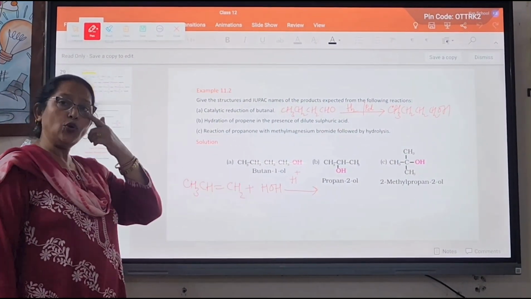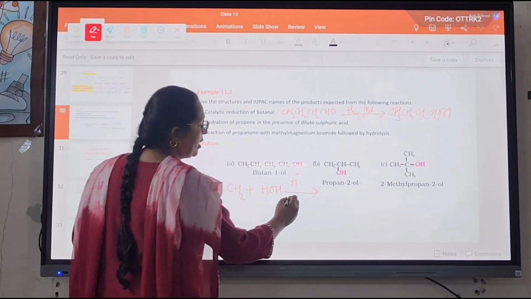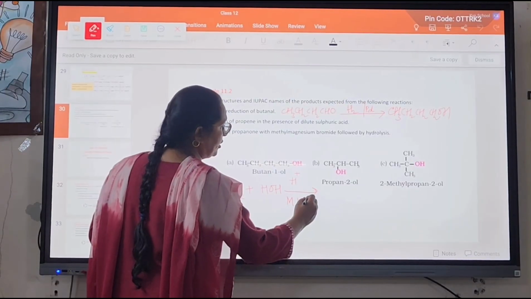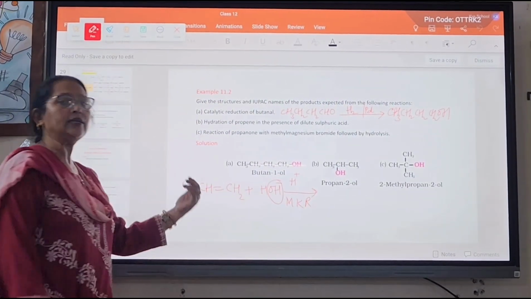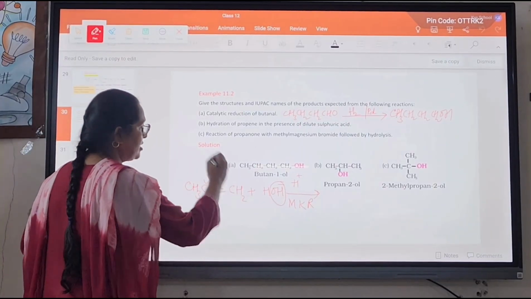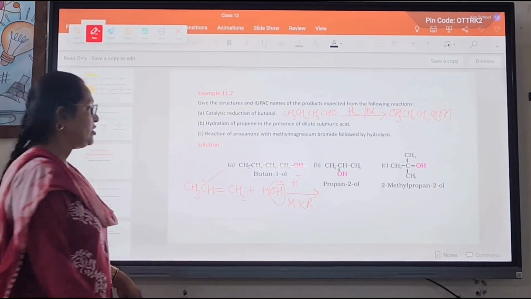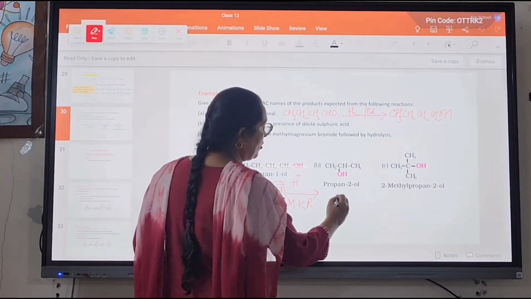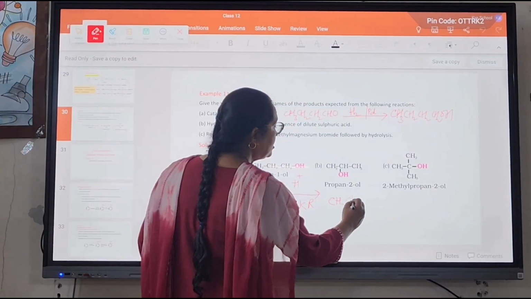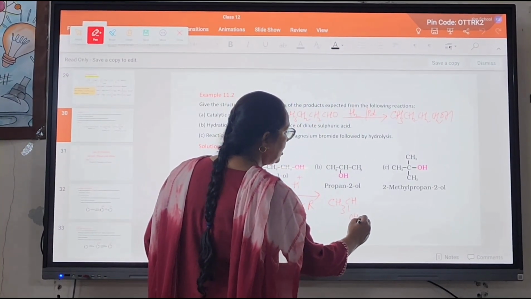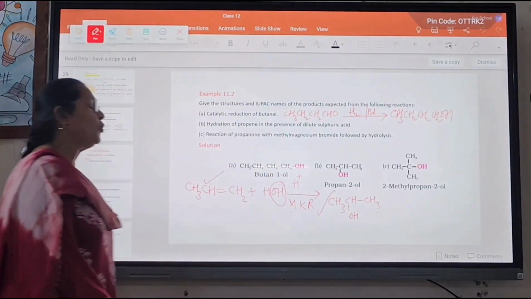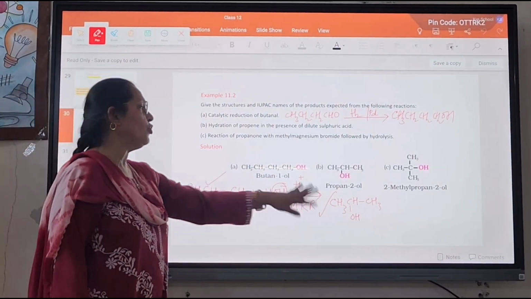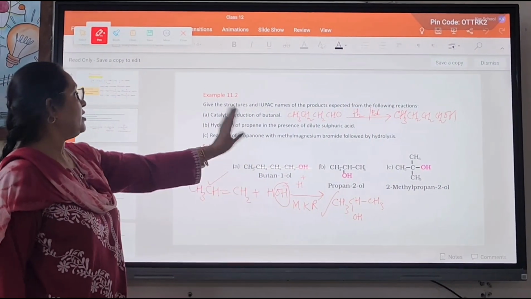So here it will go by using Markovnikov's rule. The negative part of the addendum molecule will go to that carbon which has the less number of hydrogen atoms. So the product formed is CH3CHOHCH3, propan-2-ol. Propan-2-ol is the structure and the product.